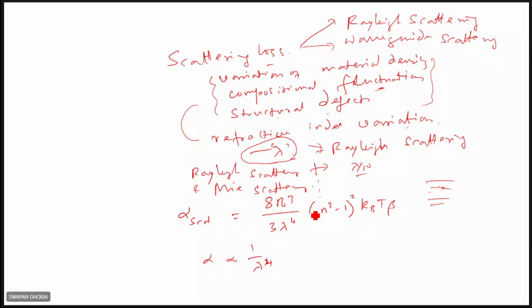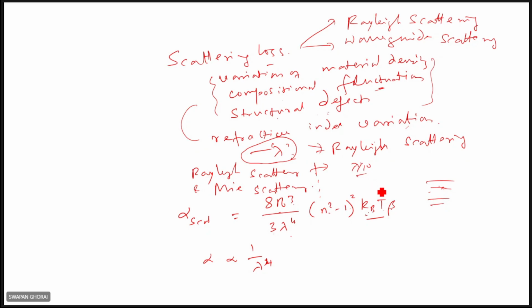It is very complex because glass is very complex. This has been developed: 8 pi cubed by 3 lambda to the power 4 into (n square minus 1) whole square kB T beta. Carefully, you can note it. Here lambda is the wavelength of light in the core, n is the refractive index, kB is the Boltzmann's constant, and T is the temperature at which the glass solidifies.